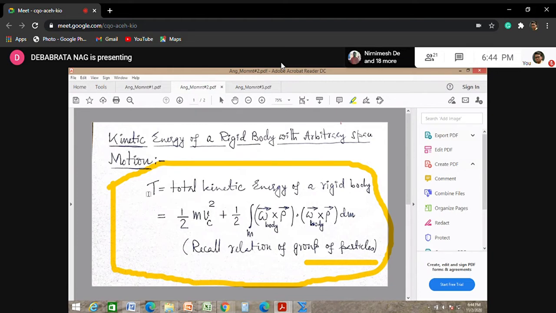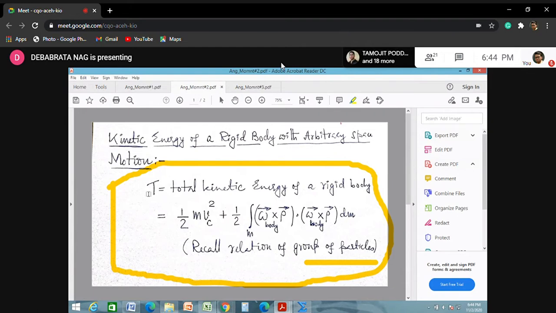One is the translational part of the kinetic energy due to the translational motion of the center of mass, plus the relative term of the kinetic energy, which is nothing but the kinetic energy that the body will possess because of all the individual particles' relative motion with respect to the center of mass. Individual particles means those particles which comprise your system.